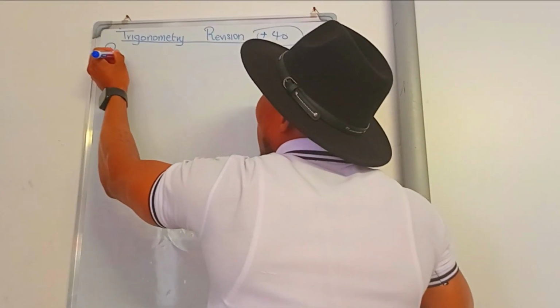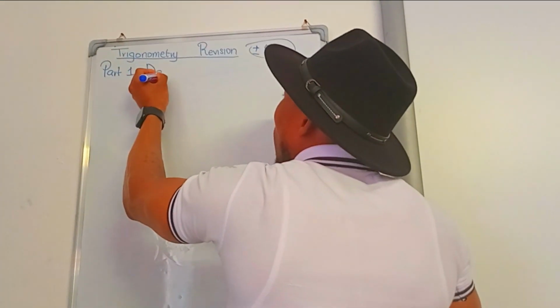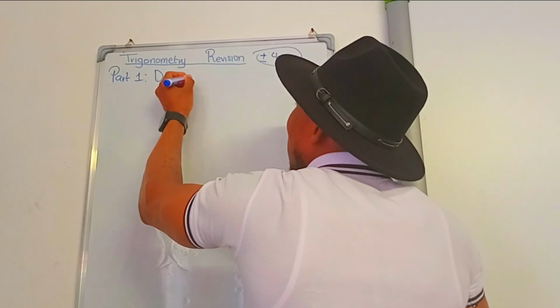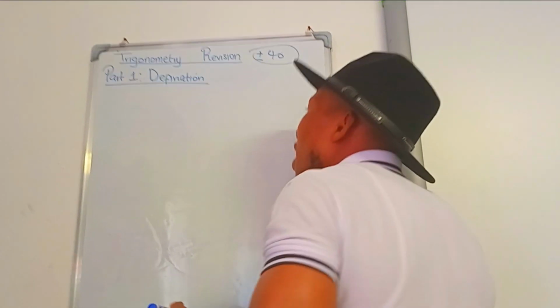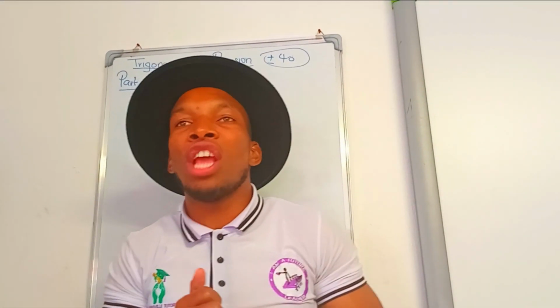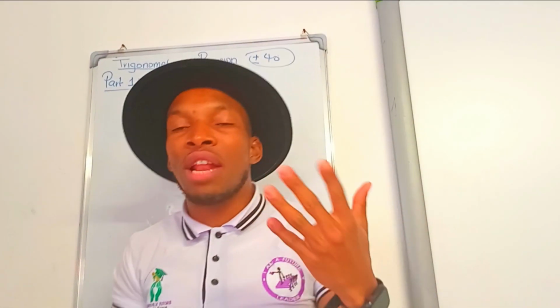Okay, we have part 1. Part 1 we normally look at the definitions, the definition of the trig ratios. We look at the definition of sine, and also the definition of cos, and also tan.